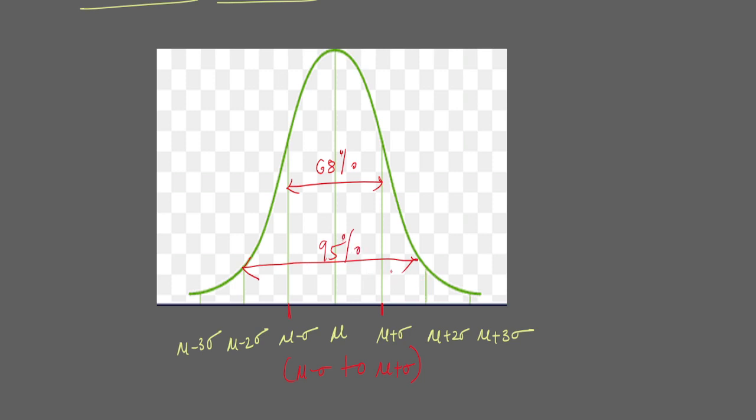Approximately 95% of the values lie within two standard deviations of the mean. So it means that if we consider heights, the percentage of students having heights between mu minus 2 sigma to mu plus 2 sigma is 95%.